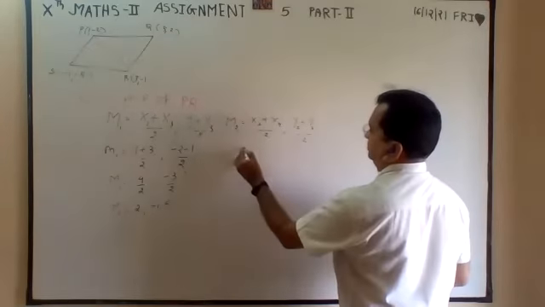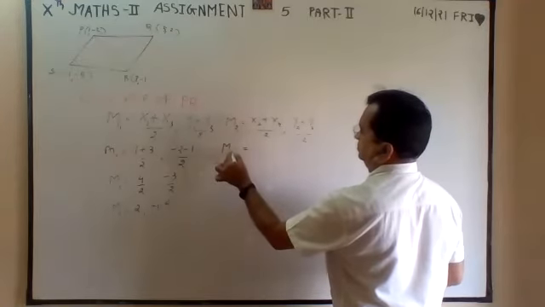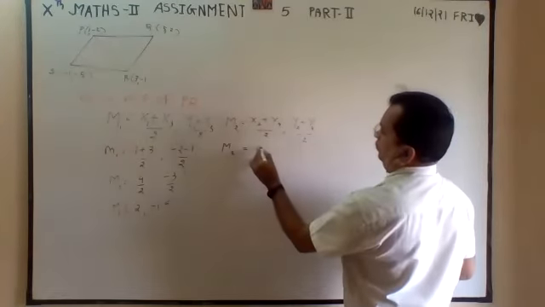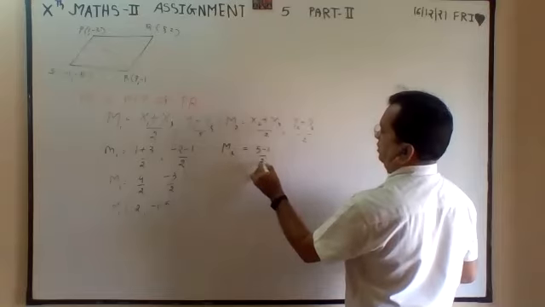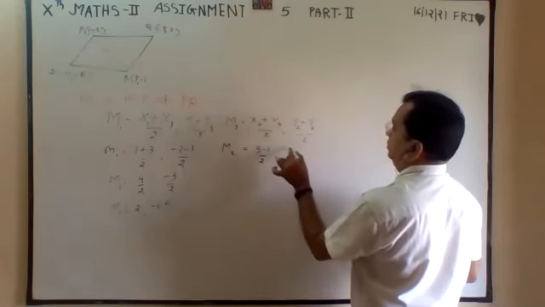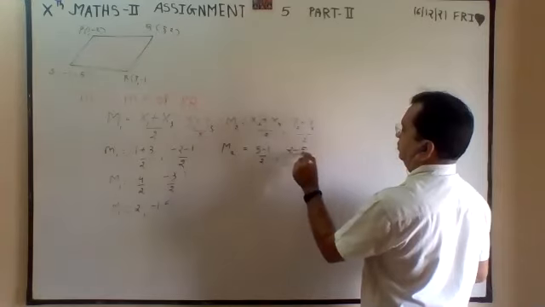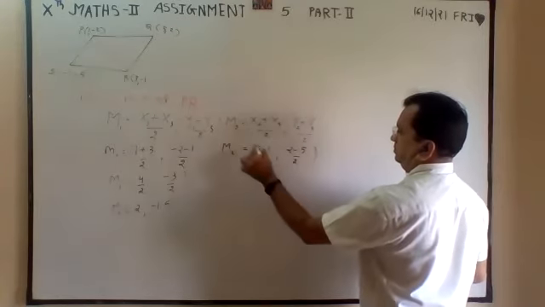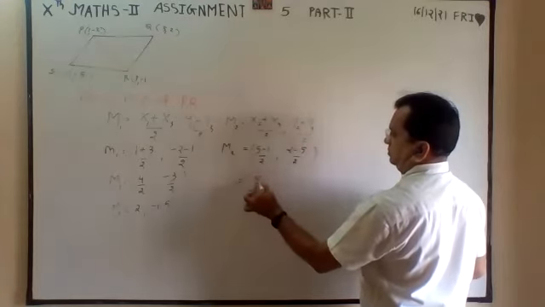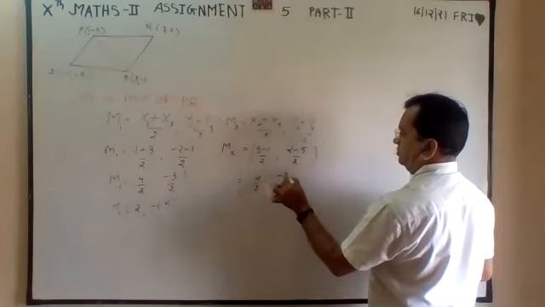Then (5 minus 1) by 2, (2 minus 5) by 2, which is 4 by 2.